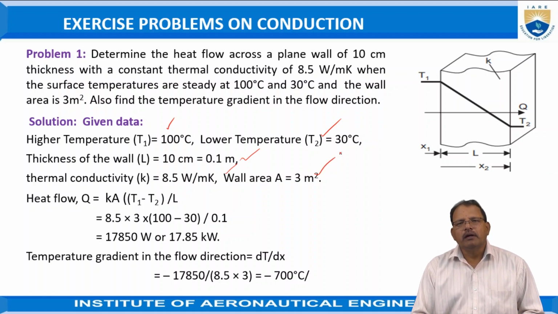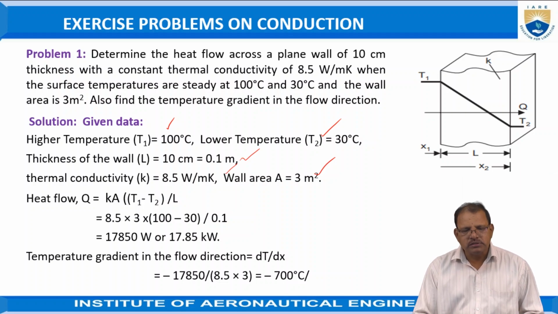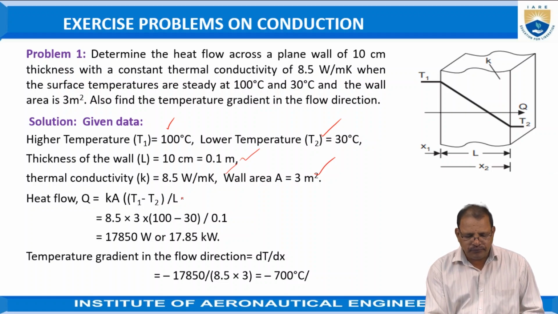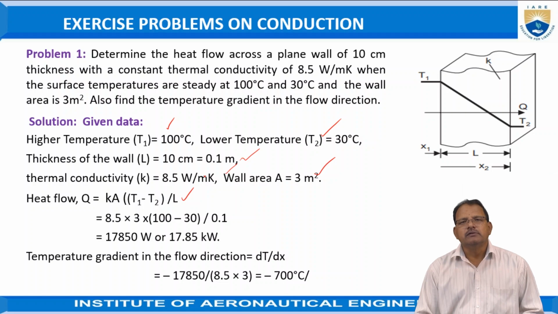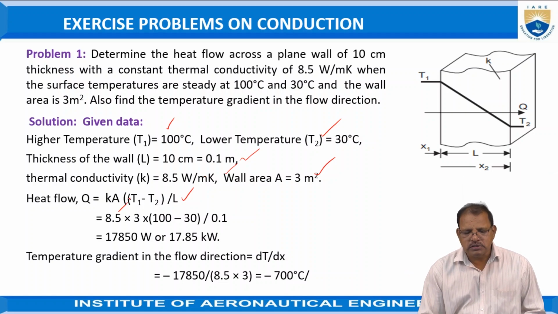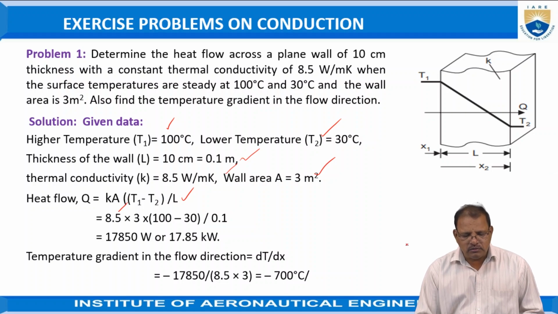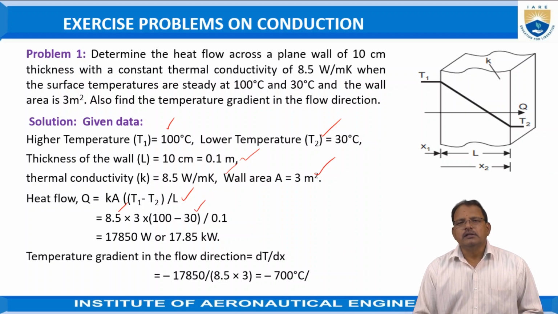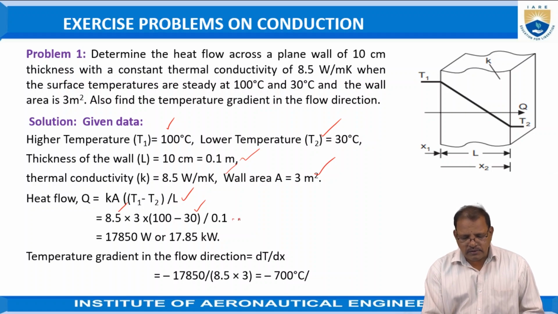The heat flow, that is the amount of heat energy flowing through the wall, is given by the equation Q = K A (T1 - T2) / L. So from this relation, Q = 8.5 into 3, the thermal conductivity and area given, into (100 - 30), divided by the length, that is the thickness of the wall, 0.1.